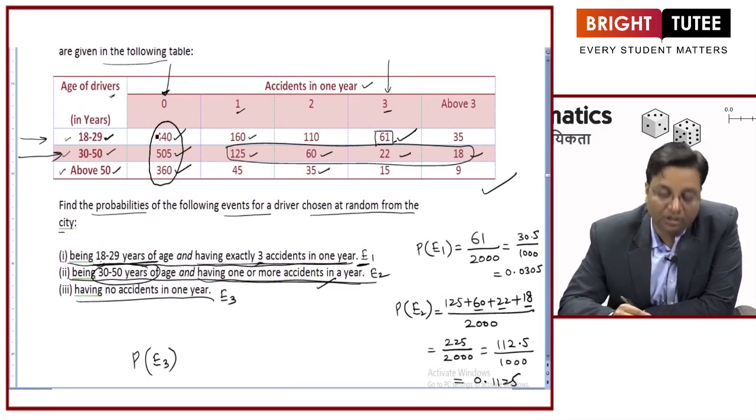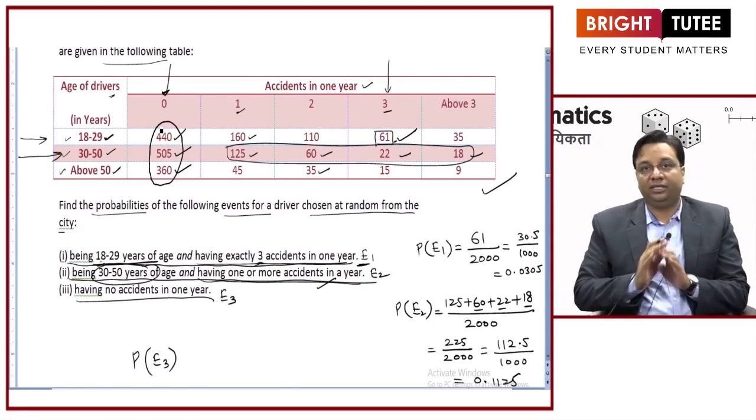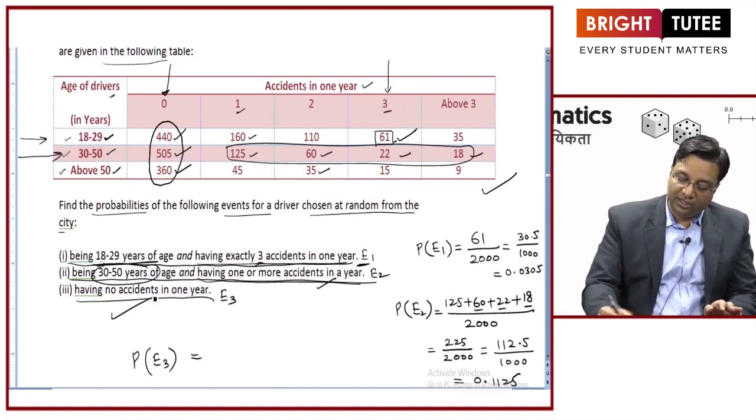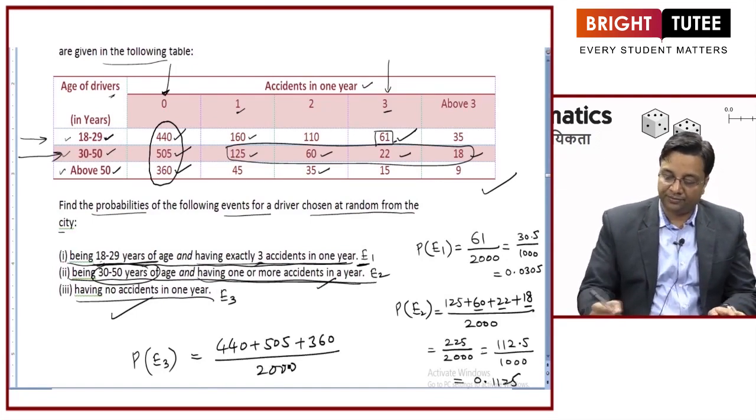So these were the total number of drivers who did not meet with any accident. So the probability that no accident occurred in 1 year is 440 plus 505 plus 360 divided by 2000.